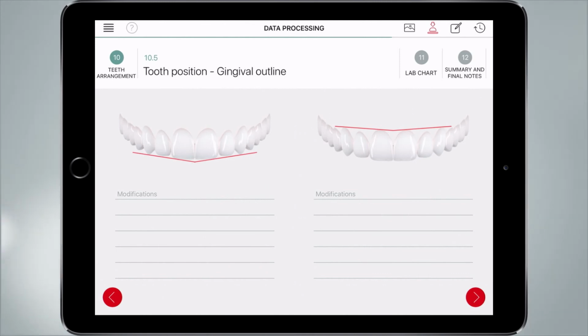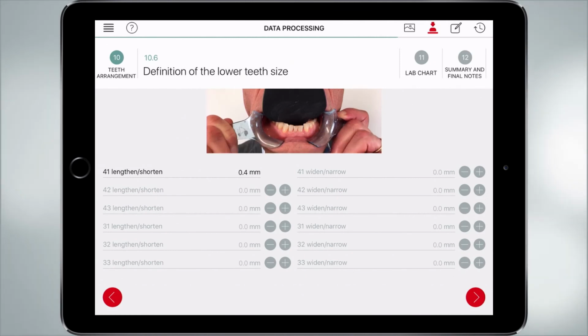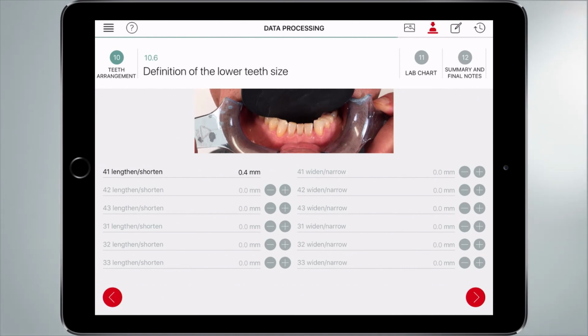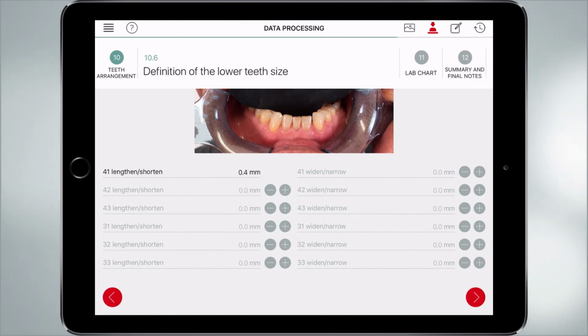So from step 10.5, we can go ahead to 10.6. You can enlarge the image and say we have increased the 41 by 0.4. Then looking at the other teeth, we can say we want to lengthen it, for example 0.2, the 42, 0.2 also the other incisor, not the other cuspid, sorry, and then 0.4 for the other central incisor, that is the lowest, and then 0.2, and then 0.2.